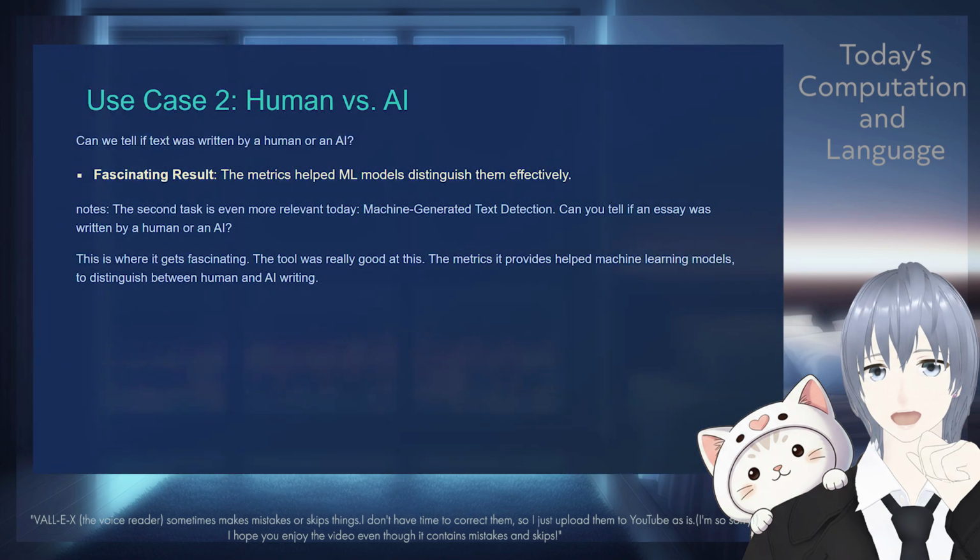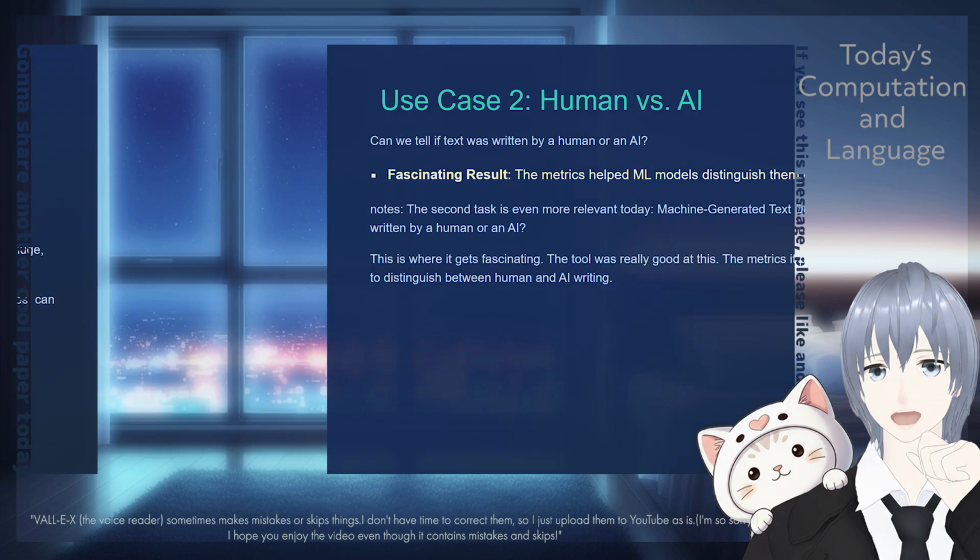The second task is even more relevant today, machine-generated text detection. Can you tell if an essay was written by a human or an AI? This is where it gets fascinating. The tool is really good at this. The metrics it provides help machine learning models distinguish between human and AI writing.